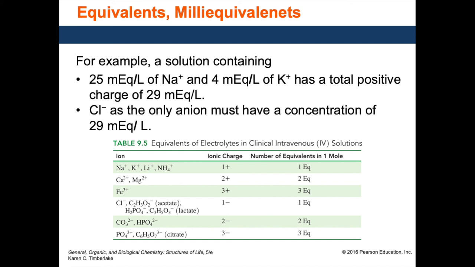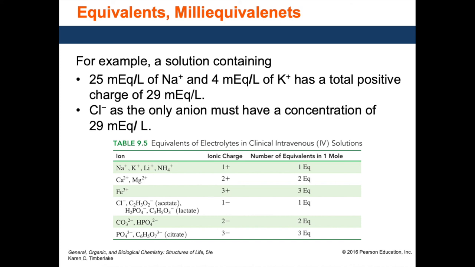We could use something that's, let's say, 25 milliequivalents per liter of sodium ions and 4 milliequivalents per liter of potassium ions. Since those two numbers add up to 29, they will balance out the 29 milliequivalents per liter for our chloride, and we can make up our solution accordingly.